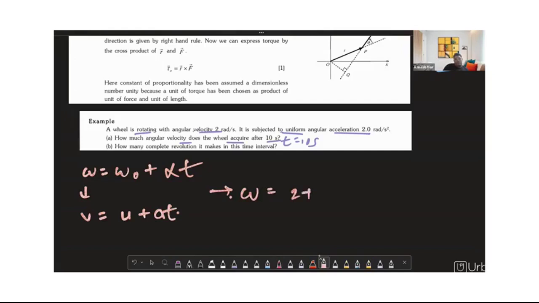Substituting the values, we get 2 plus 2 into 10, that means 22 radian per second.